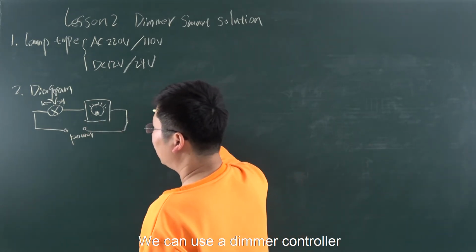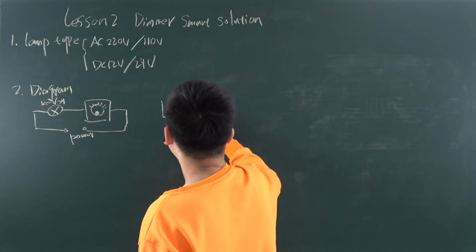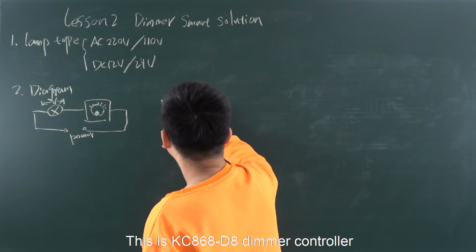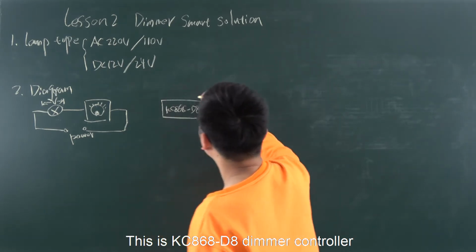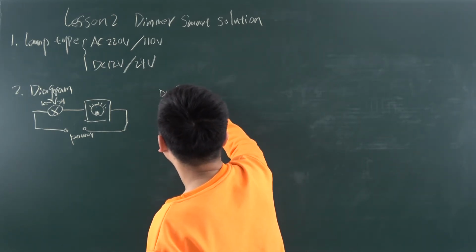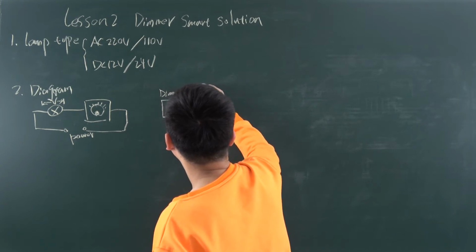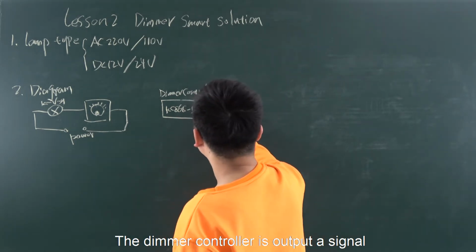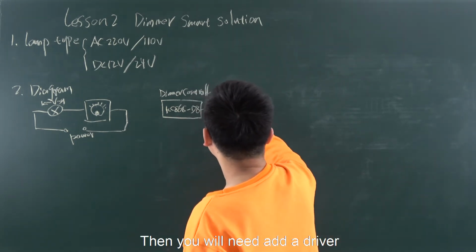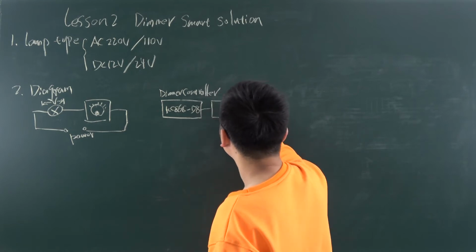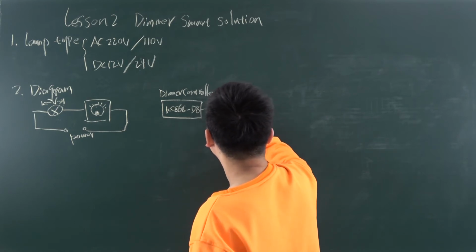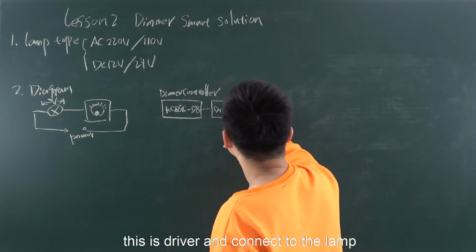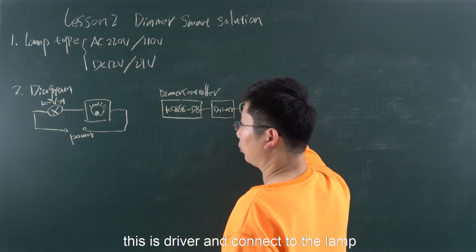So we can use a dimmer controller. This is the D8 dimmer controller. The dimmer controller outputs a signal, then you need to add a driver. This is the power driver, connected to the lamp.